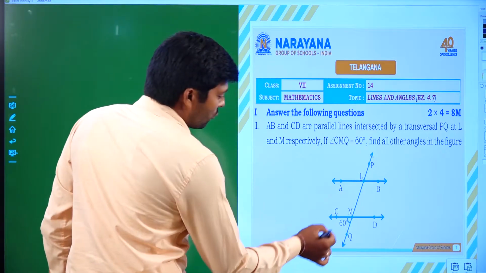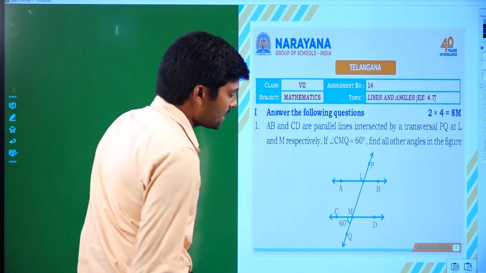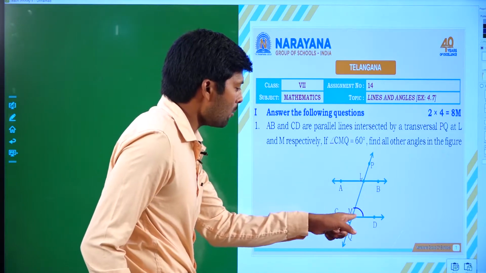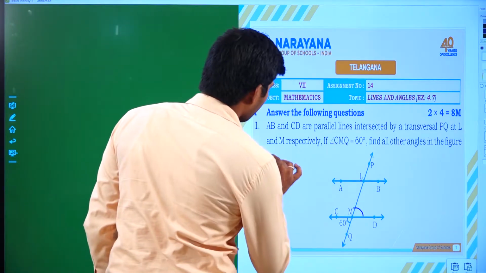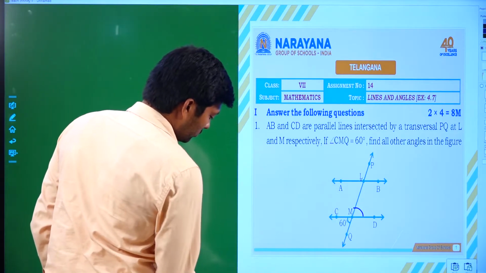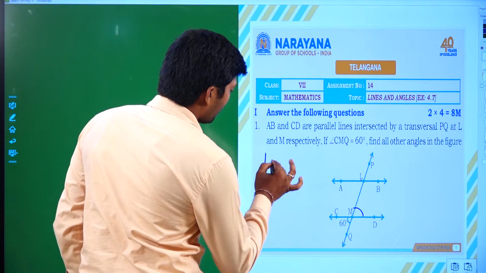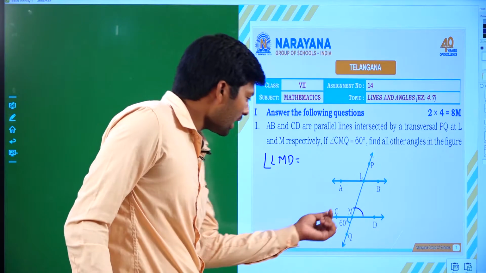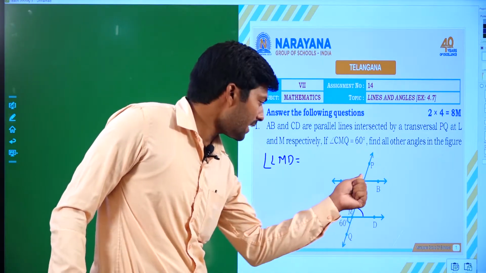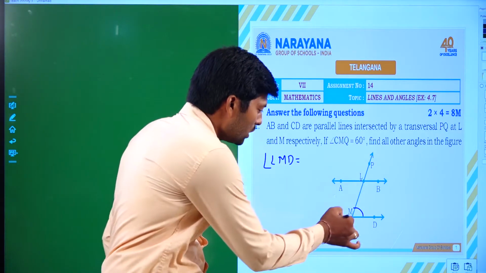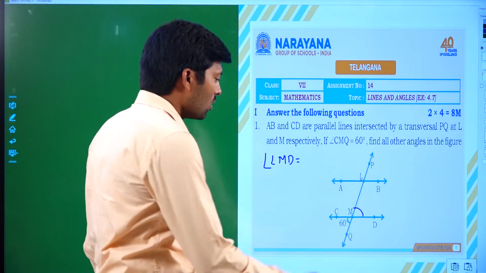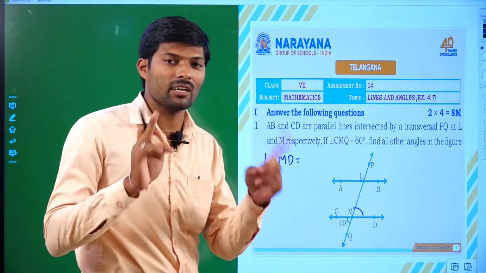So here it is. For example, if it is 60 degrees, what about angle LMD? Angle CMQ and angle LMD are vertically opposite angles, and vertically opposite angles are always equal.